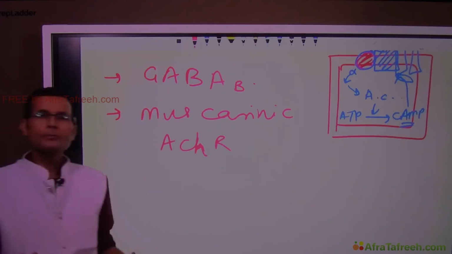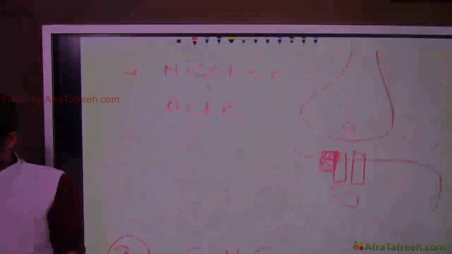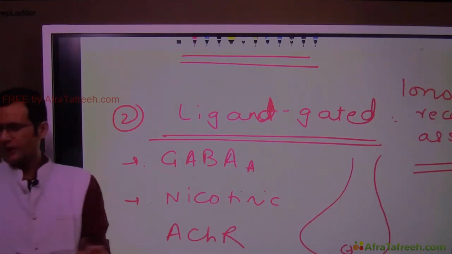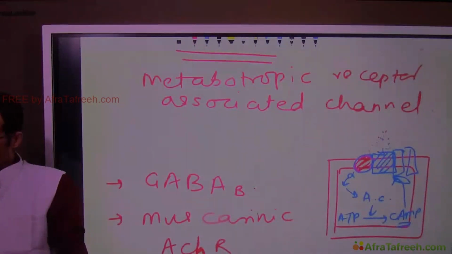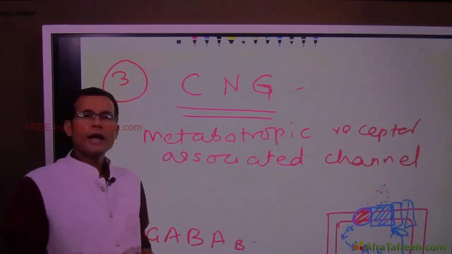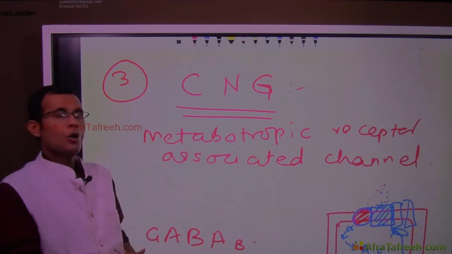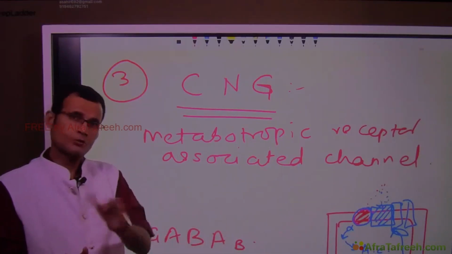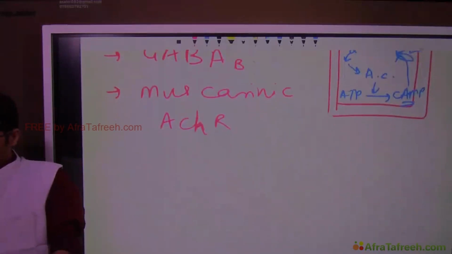So please remember, the nicotinic acetylcholine receptor is the ligand gated channel or ionotropic receptor associated channel, whereas the muscarinic receptor of acetylcholine and the associated channel is called a cyclic nucleotide gated channel, or GPCR associated channel. It can be called G protein coupled receptor associated channel, or metabotropic receptor associated channel.